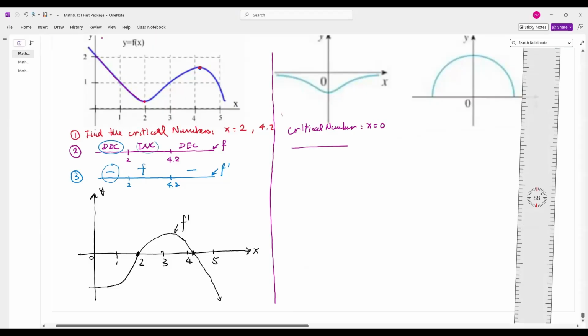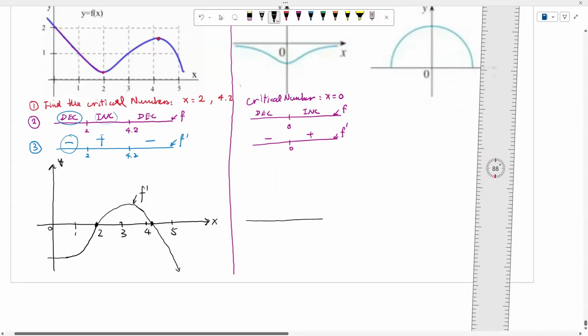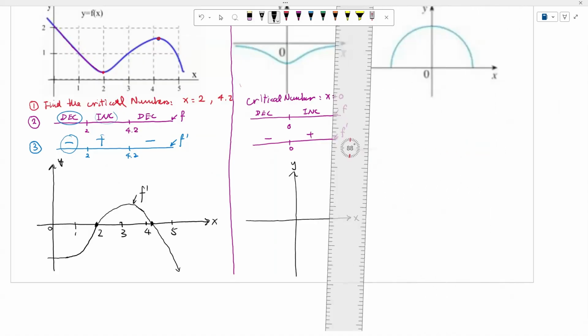For f, the function goes from decreasing to increasing. So for f prime, it goes from negative to positive, right? This is x.